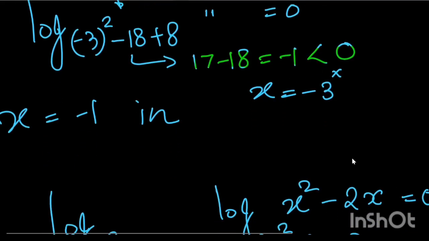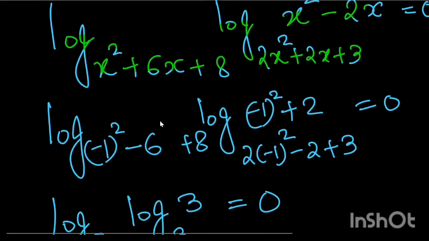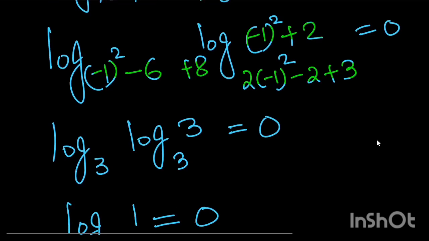So minus 1, now we will substitute minus 1 in the given equation, everywhere. Minus 1 square plus 6 times minus 1 plus 8, and 2 times minus 1 square plus 2 times minus 1 plus 3.